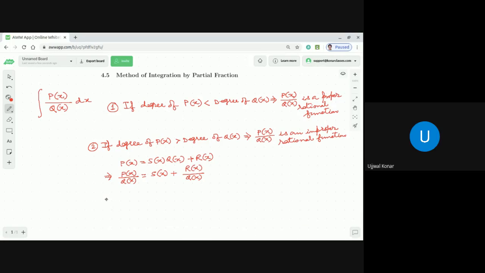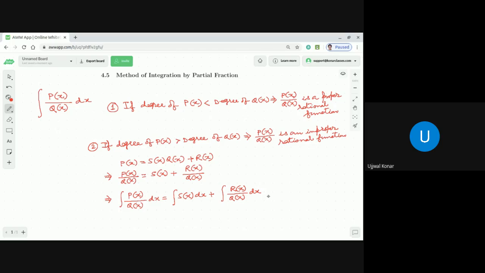So what we can get is: the integration of p(x) by q(x) dx is equal to the integration of s(x) dx plus the integration of r(x) by q(x) dx.